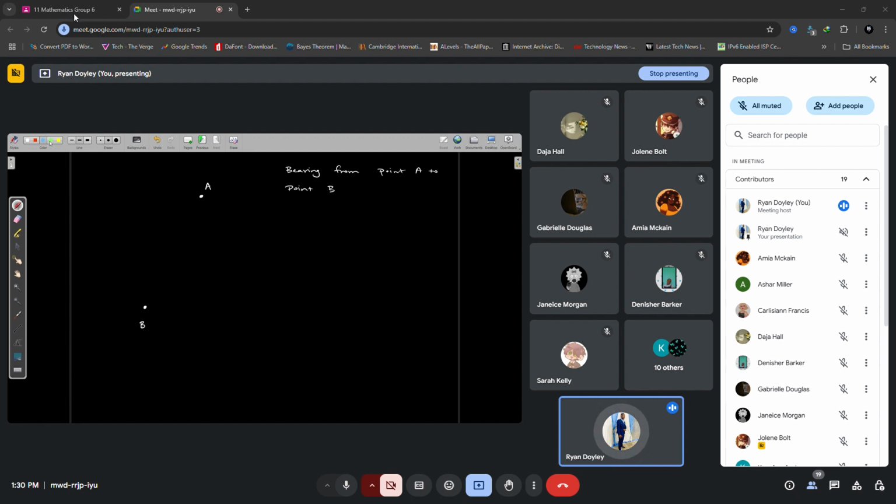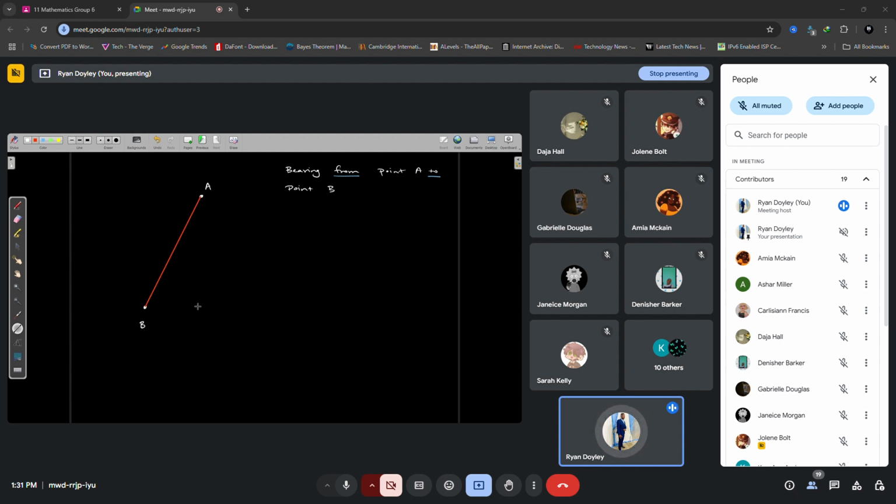Some keywords you should look for whenever you're given a question like this: from and to. So if it says from point A, that means point A is our starting point, correct? Yes, sir. And to point B would be our end point. So this is how we make note of the bearing. The first thing we need to do is make a connection between those points.